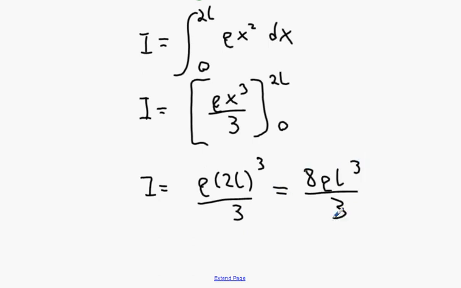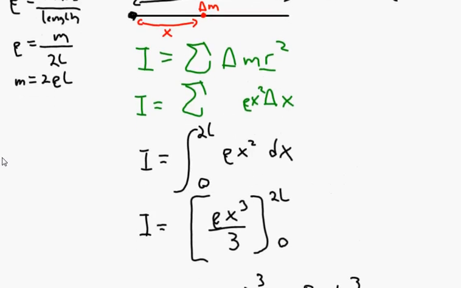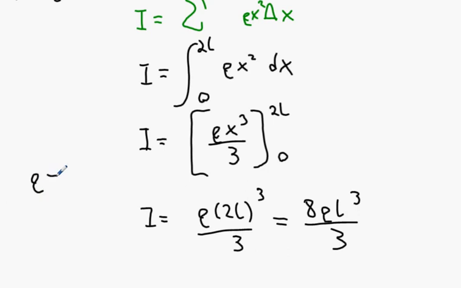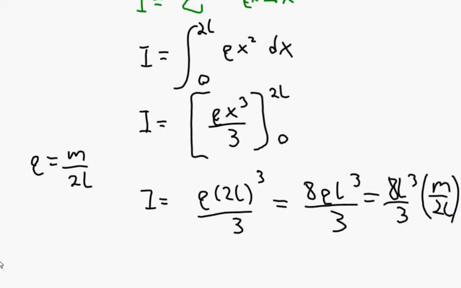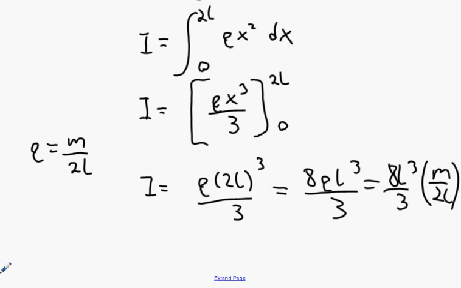Like last time, the rho doesn't belong. So we say that rho equals m over 2L. So we say 8L cubed over 3 times m over 2L. And then convert that answer: 8 divided by 2 is 4, so 4ml cubed over 3. Was that the prediction you thought?